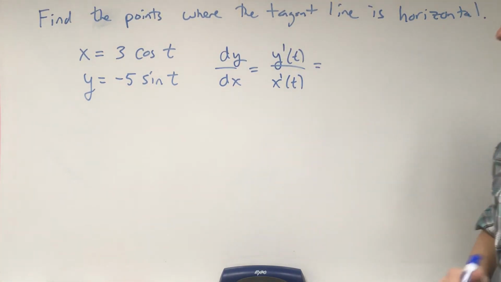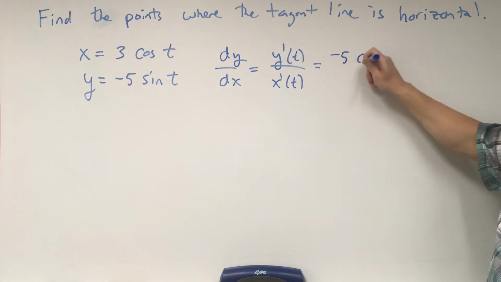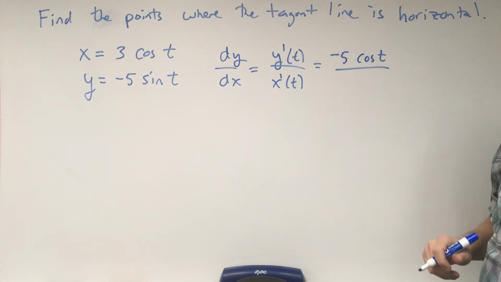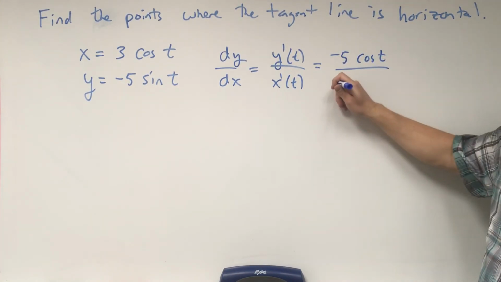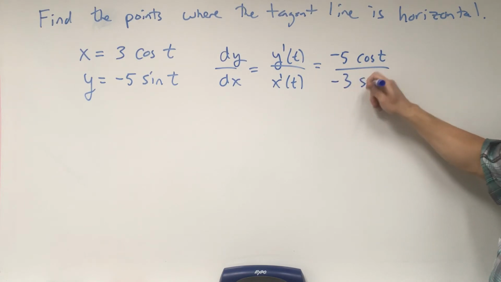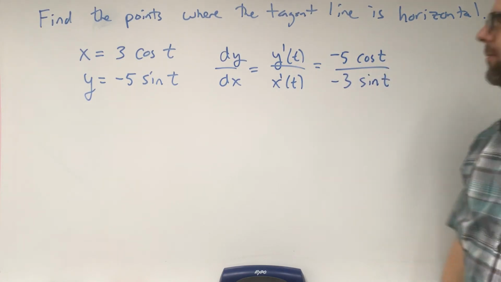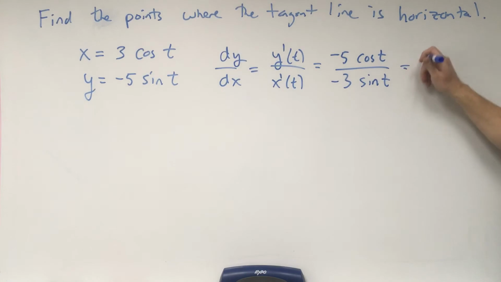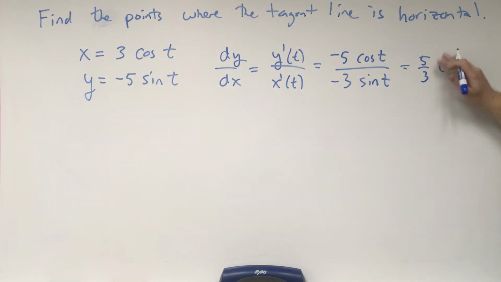And so y prime of t is -5 cosine t, and x prime of t is going to be -3 sine t. And so we can write cotangent, or maybe I'll just leave this as cosine over sine. So 5/3 times cosine t over sine t. Now if I want dy dx to be equal to 0, I need that numerator to be 0.